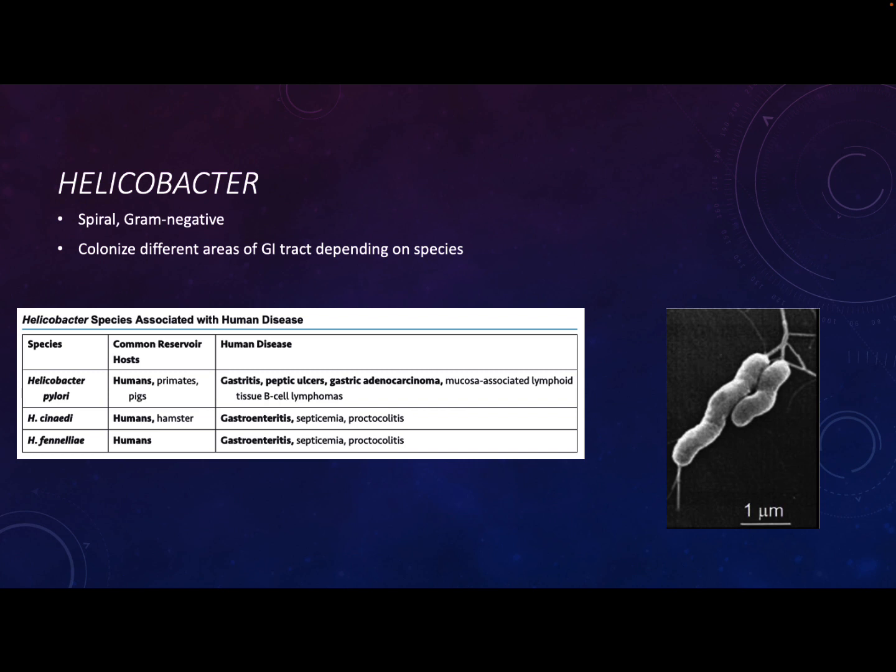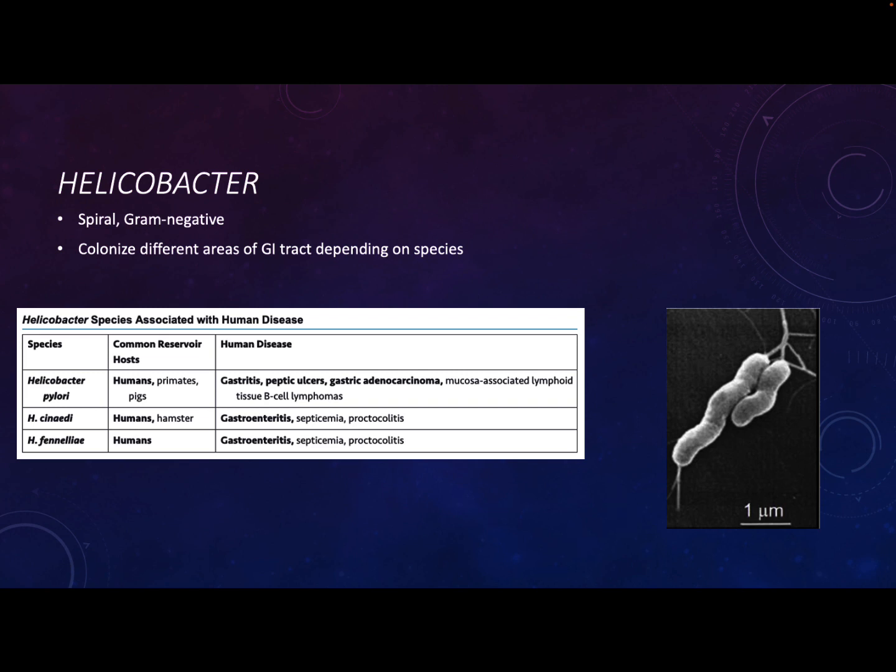So Helicobacter look a lot like Campylobacter under the scope. They're not necessarily spirochetes, but they do have kind of a spiral-ish shape. Spirochetes tend to be even more curly. There are a handful of species associated with human disease, but really the one we talk about the most is Helicobacter pylori.